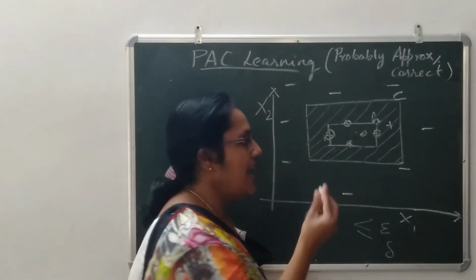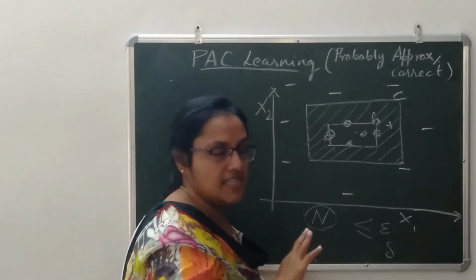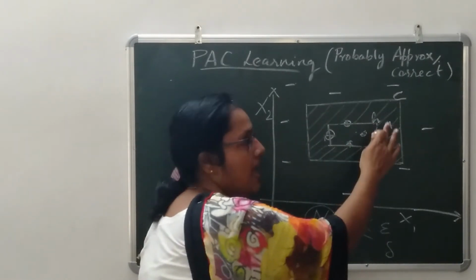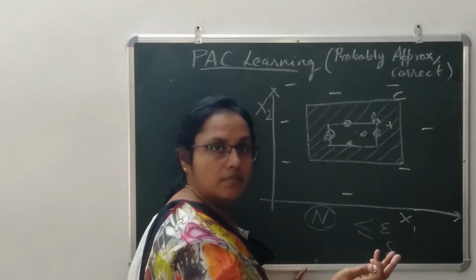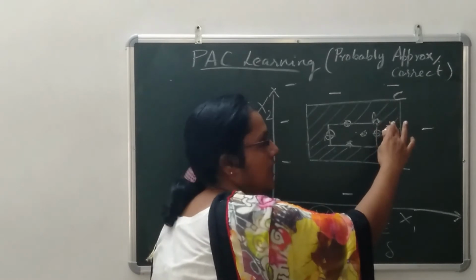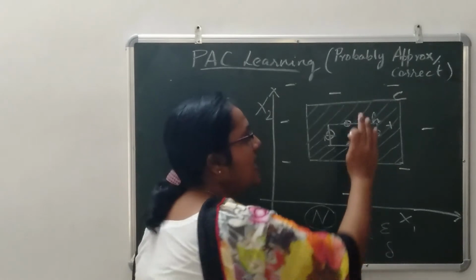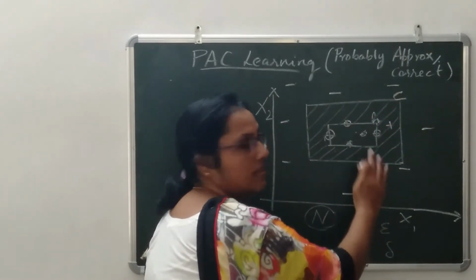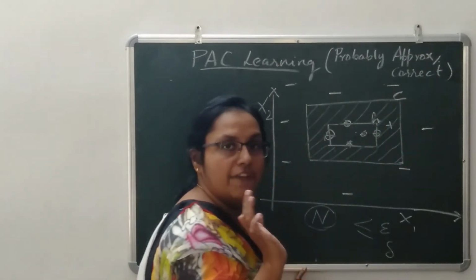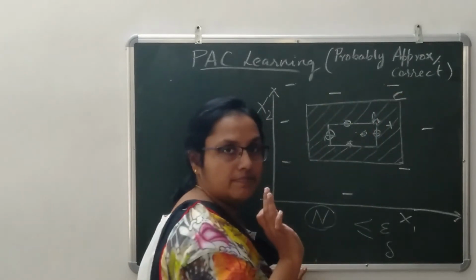I have an example X and C is saying it is positive, H is saying it is negative, then it is an error. Whenever a value comes in this area, C and H will differ, whether it is a positive value or a negative value.